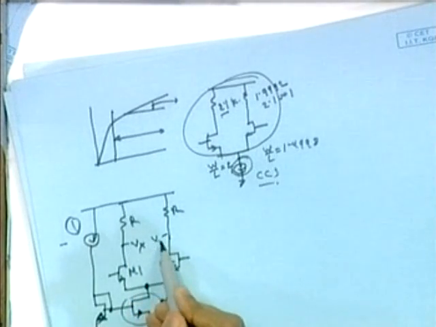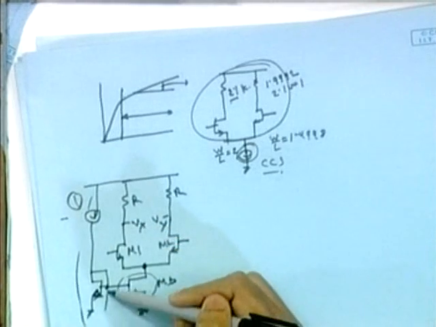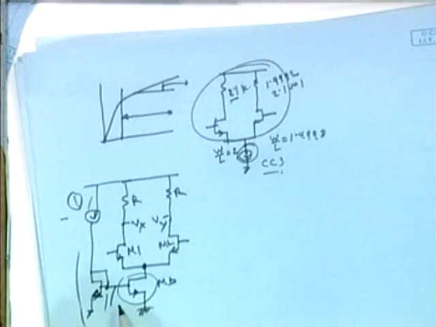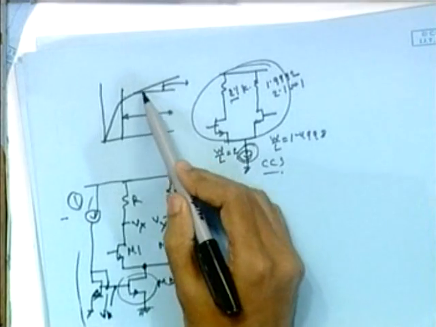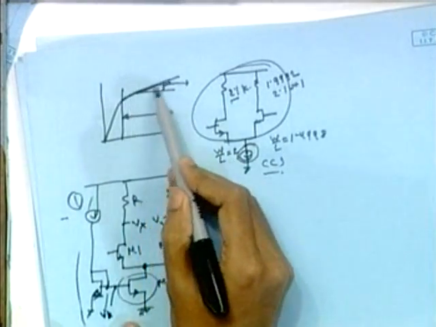Vx, Vy. Now forget about this part, this transistor. Suppose we are giving some external biasing voltage here, call it Vb. That will hold this transistor in its saturation zone, where it will act as a constant current source. So M3 should be operating here.